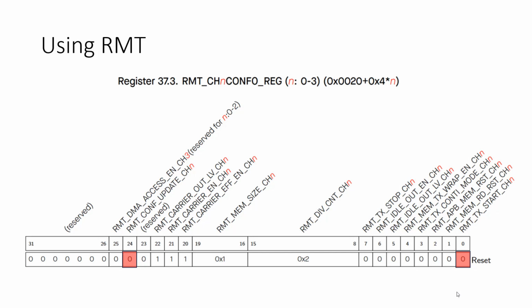So in order to start, you'd have to write that bit and then this bit, right? So bit 0 set to 1, bit 24 set to 1, and that just causes it to dump the data out to the LED. So every time you set that bit to 1, it's going to update one of the LEDs. And so you're going to want to do that, obviously, 100 times to update all 100 LEDs. Okay?